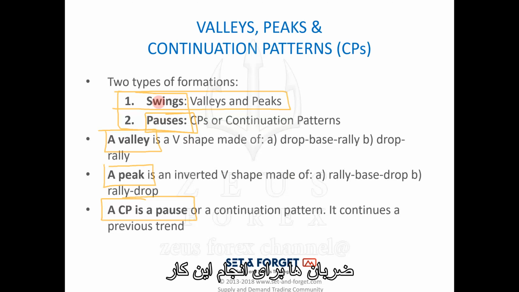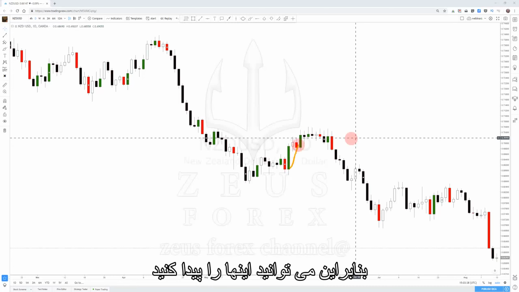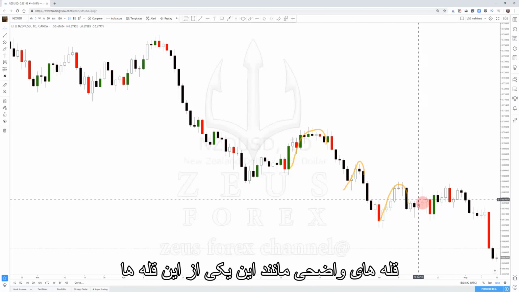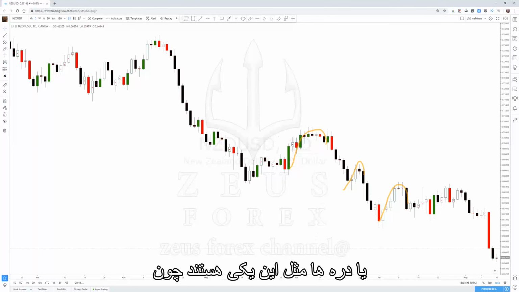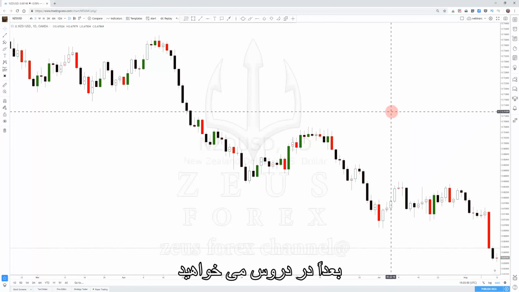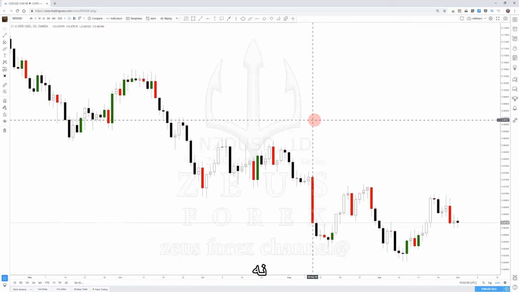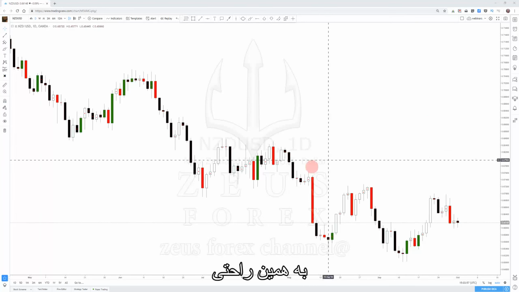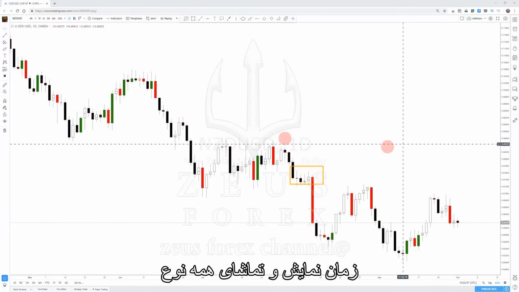You should practice this a lot so you can locate obvious peaks like this one, or this one, or this one, or valleys like this one. Later in the lessons you're going to find scenarios where it's not as easy as this, and that requires a lot of screen time and looking at all kinds of different price action.